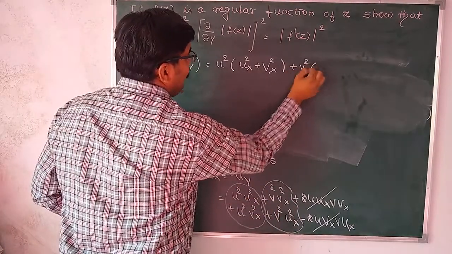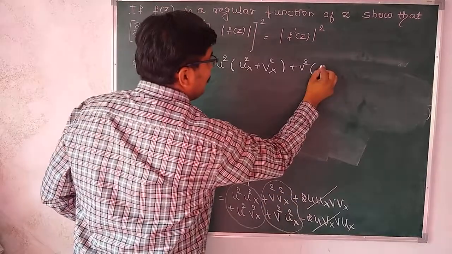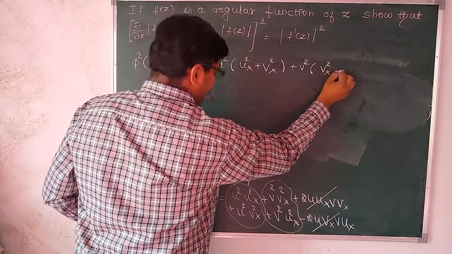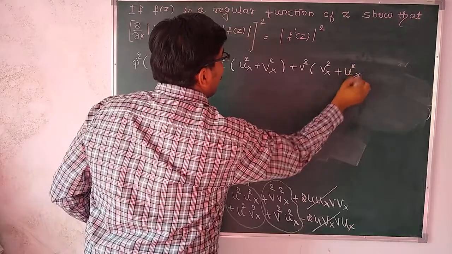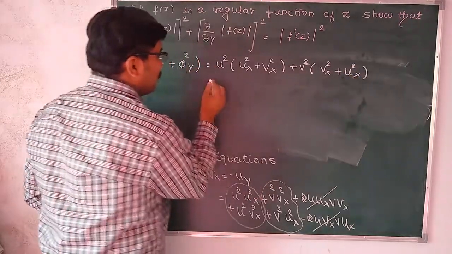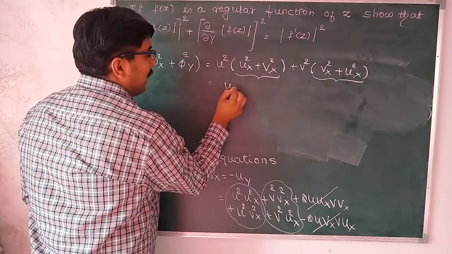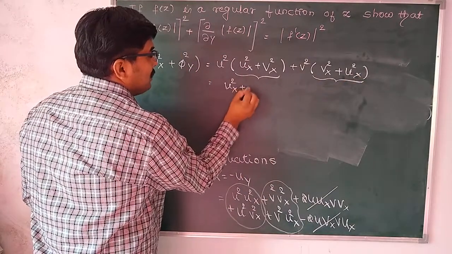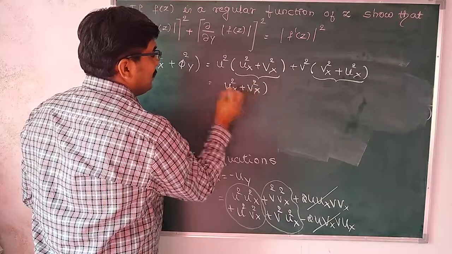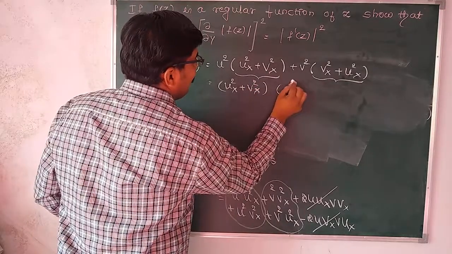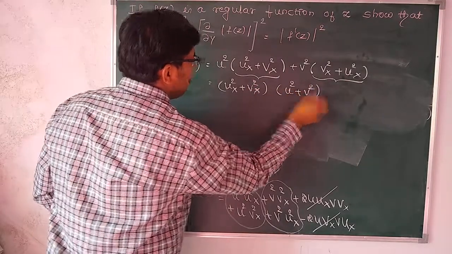If you take v square common, here we are left with v square x plus u square x, and again from these two terms are common, so we can write it as u square x plus v square x, and then we are left with u square plus v square.